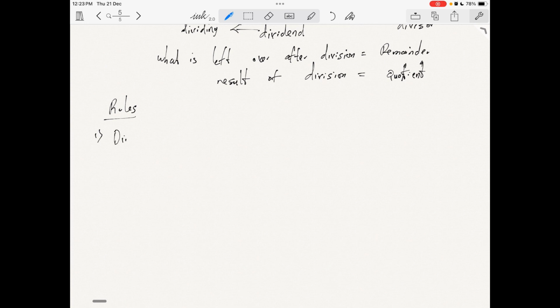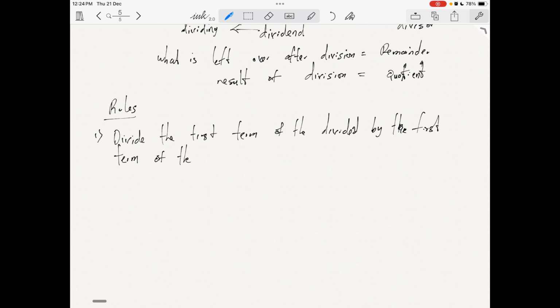So the first step is to divide the first term of the dividend by the first term of the divisor to obtain the first term of the quotient.